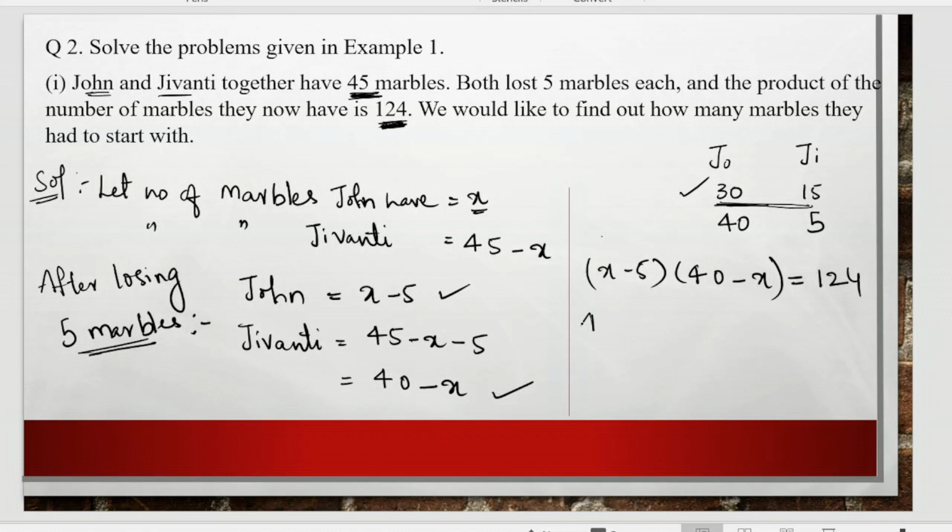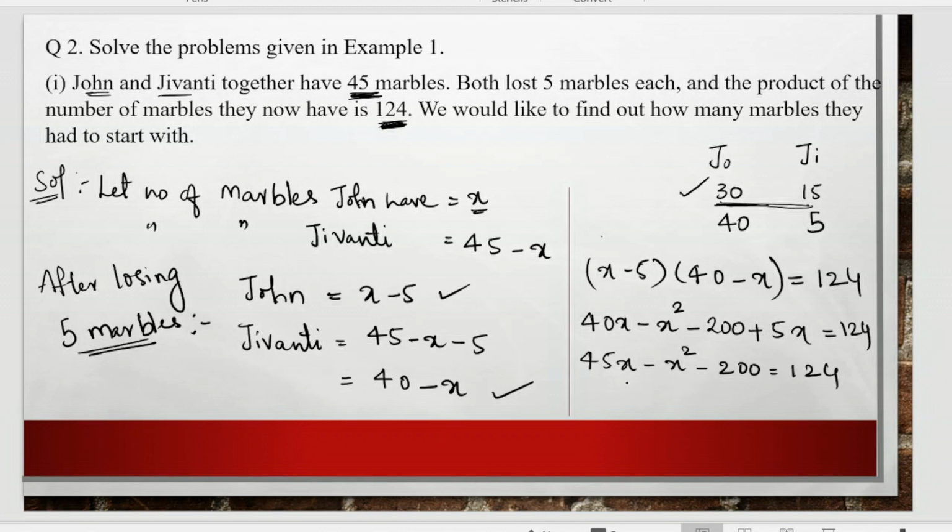You will get 40x, x into x is minus x square, minus 40 into 5 is minus 200, and minus into minus is plus 5x, equal to 124. So this will be 45x minus x square minus 200 equals 124.